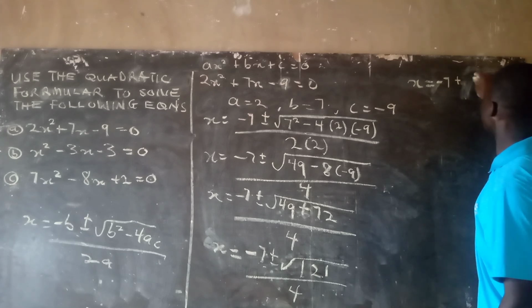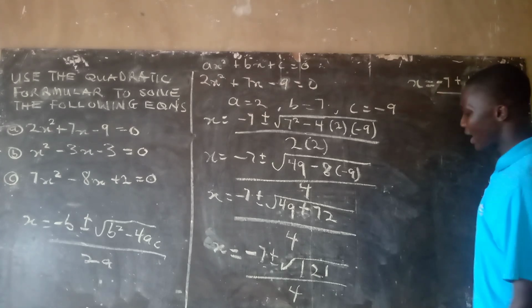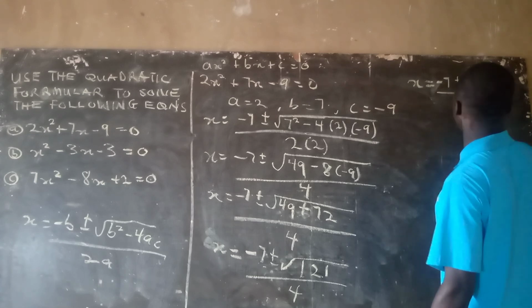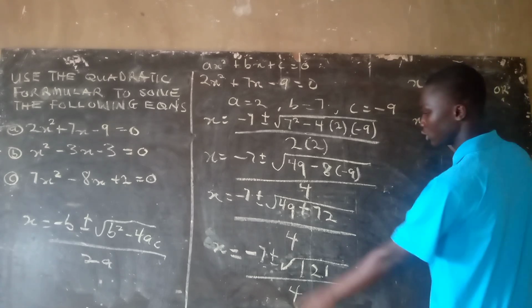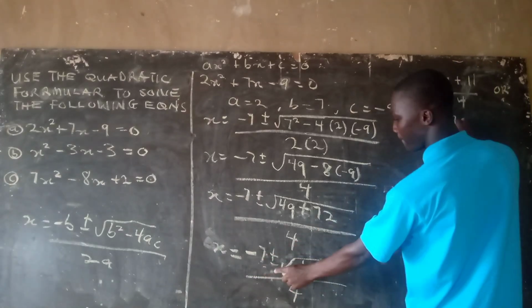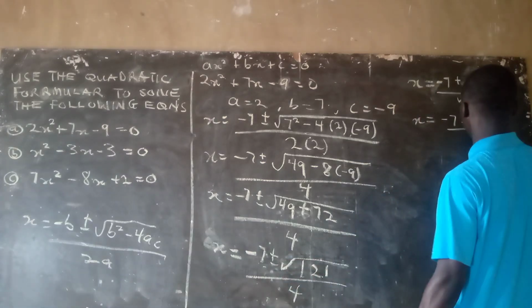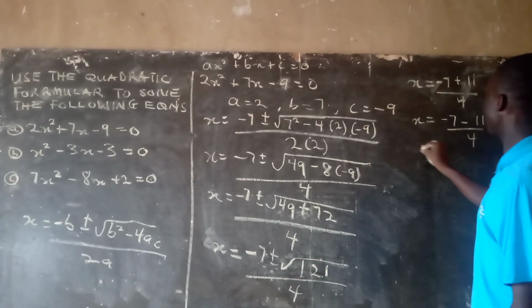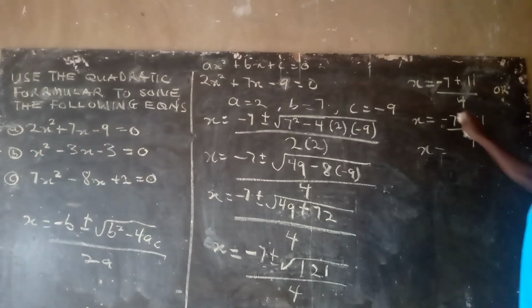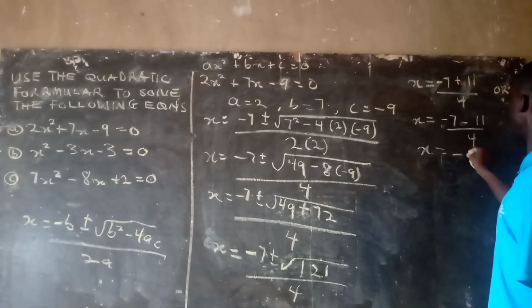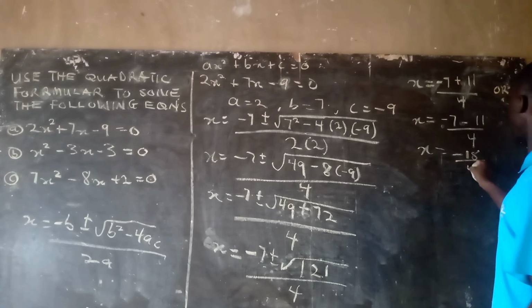So we have plus 11 over 4. Or x is equal to negative 7 minus the square root of 121, which is 11, over 4. So we have x is equal to negative 7 minus 11 gives us negative 18 over 4.